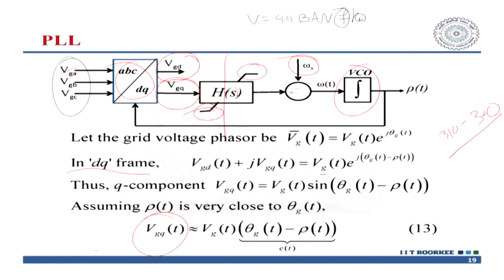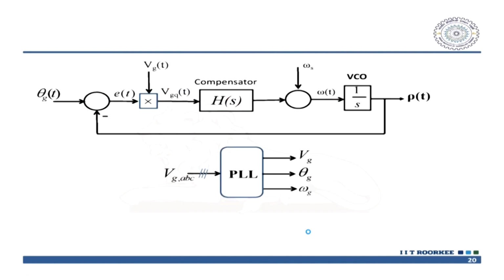Similarly, we can write that Vgq is almost equal to Vg times theta minus rho, by the unit voltage template, that is nothing but Et.